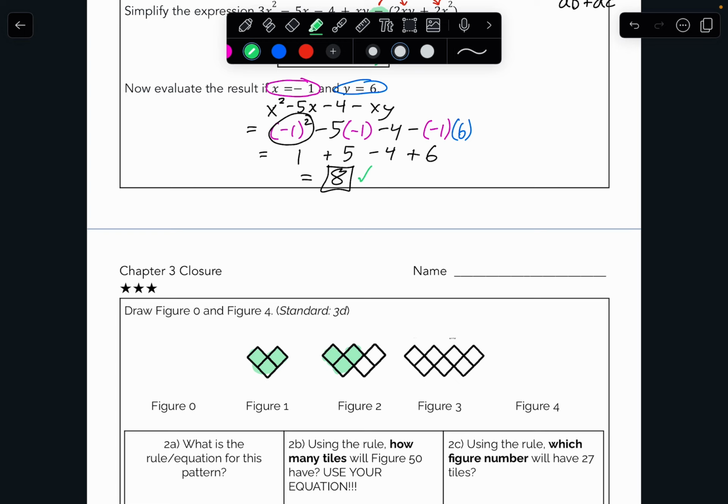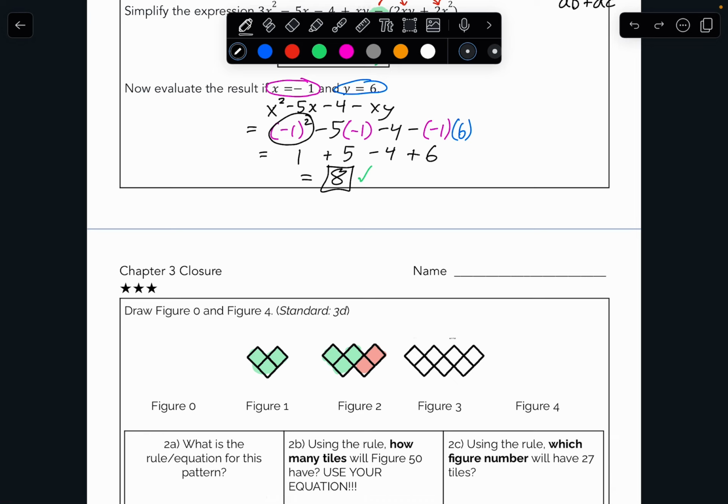And what they're doing, and I'm going to use the same color for growth, is I'm going to notice that they keep adding 2 and 2 more and 2 more. So how would I be able to draw figure 0? Figure 0 is the same thing as my start.